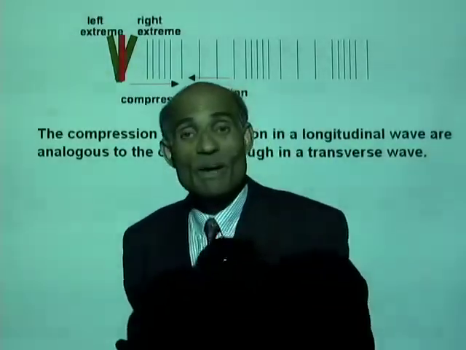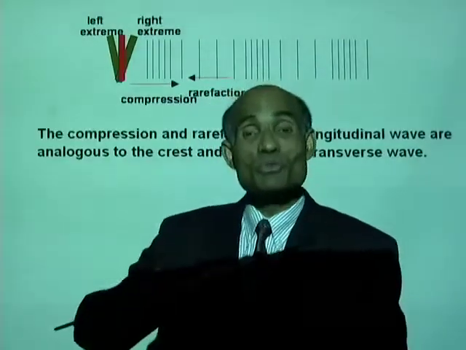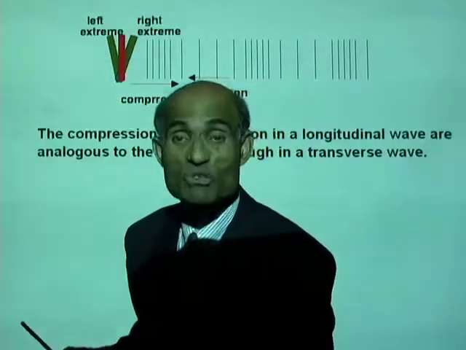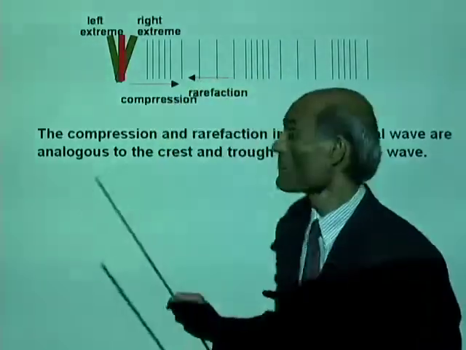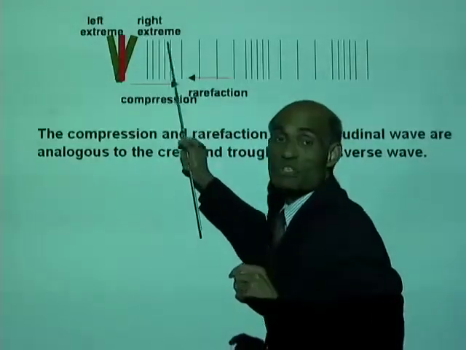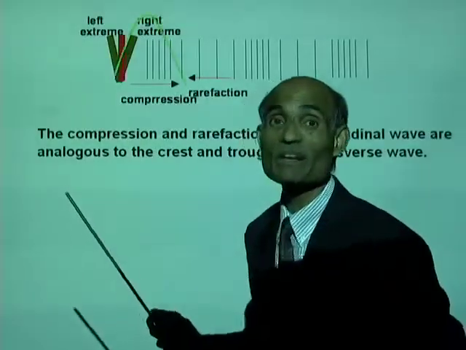So even where we want to draw a sound wave, we will use the transverse wave form, the crest and the trough. But remember, when you draw a crest, it means a compression. When you draw a trough, it means it is a rarefaction.